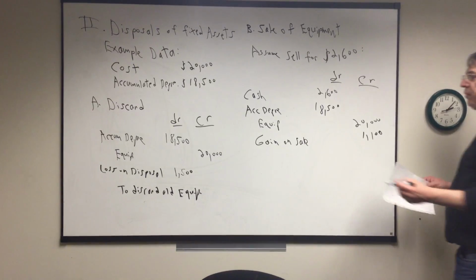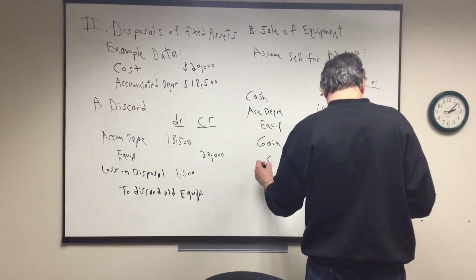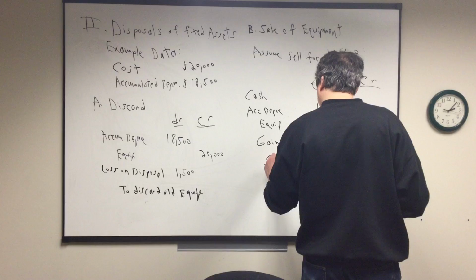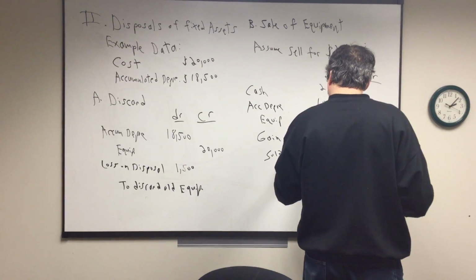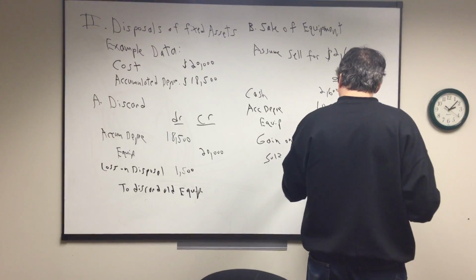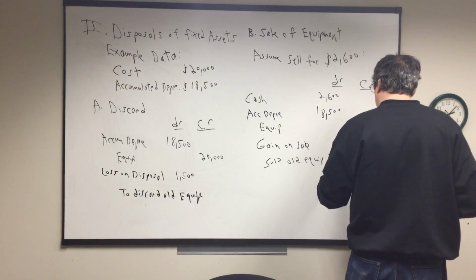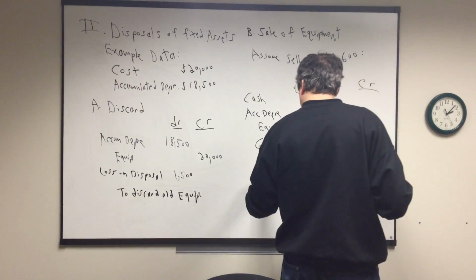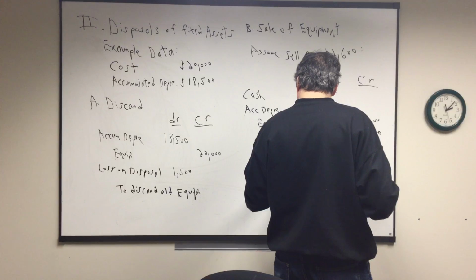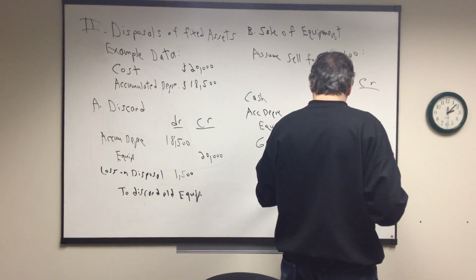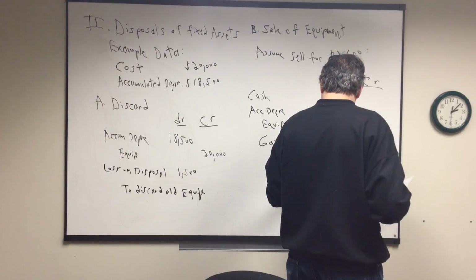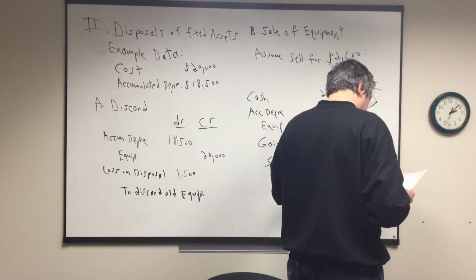And if we wanted to write an explanation, we'll just say sold old equipment to scrap dealer, how's that? For $2,600. That's our explanation.